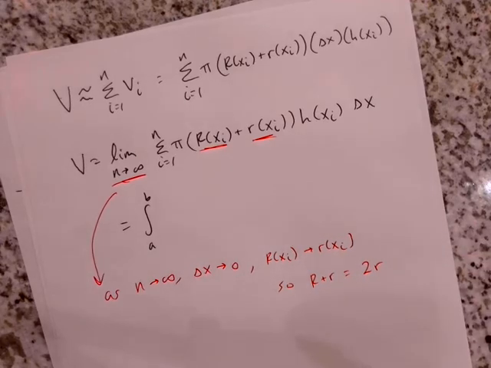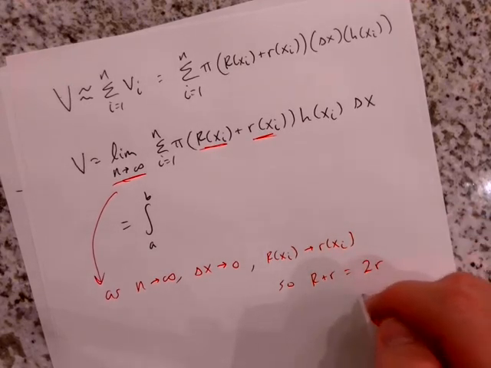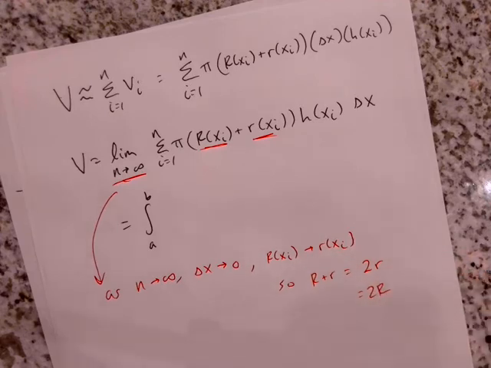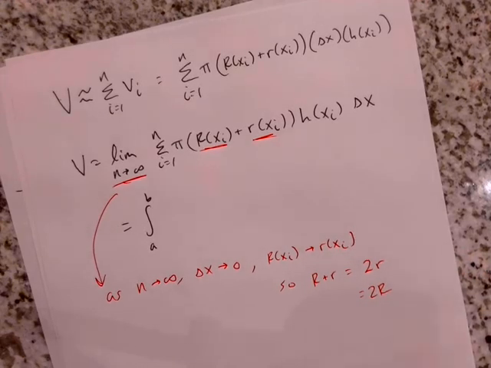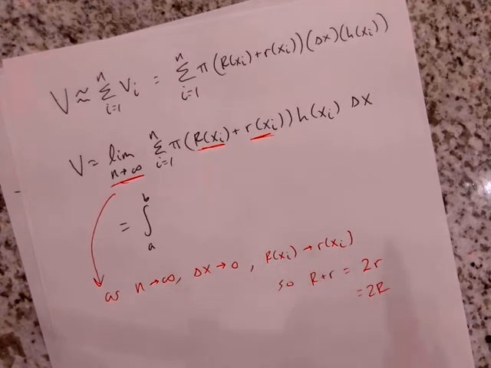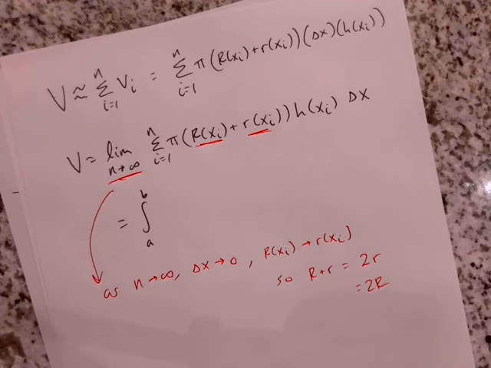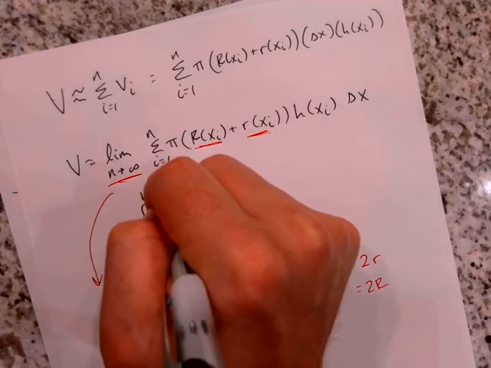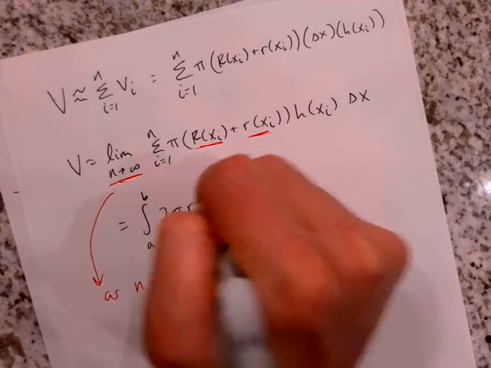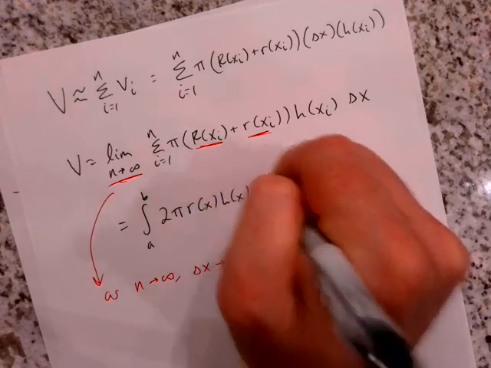I'll just use small r, but I also could have used big R. The point is that since n is going to infinity, therefore delta x is going to 0, therefore those two radii are approaching each other, therefore as n goes to infinity, they equal each other. And so it gives us 2 pi r of x, h of x, dx.